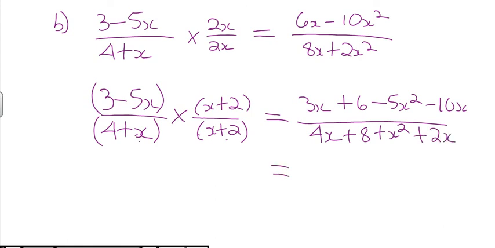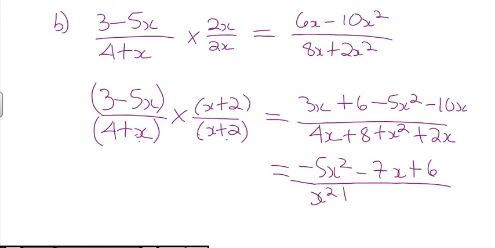And we're going to simplify that. I like to lead with the x squared term, so we're going to go minus 5x squared minus 7x plus 6 over x squared plus 6x plus 8.